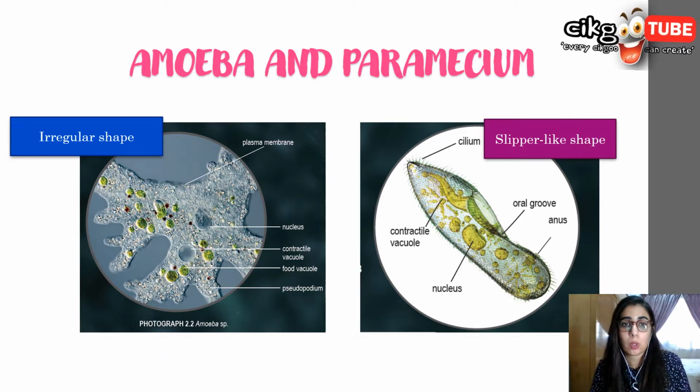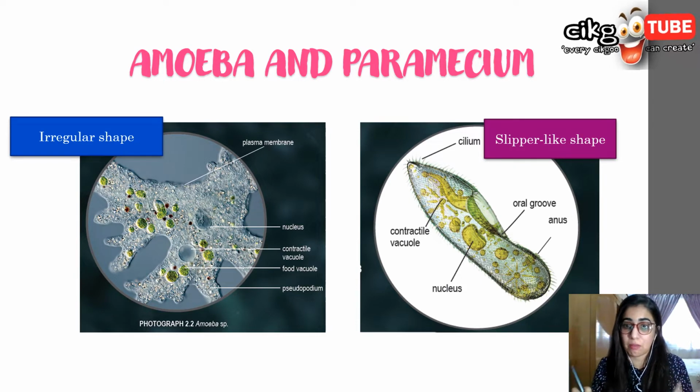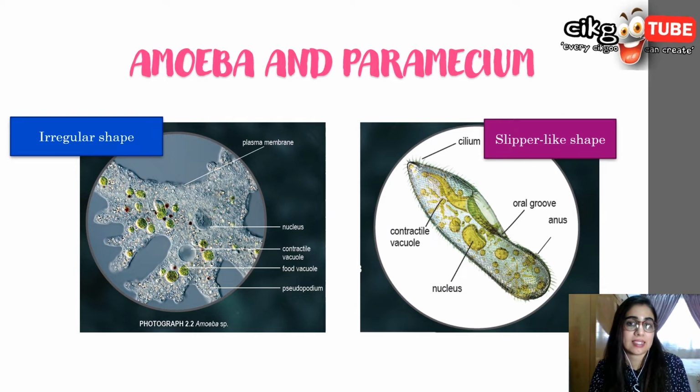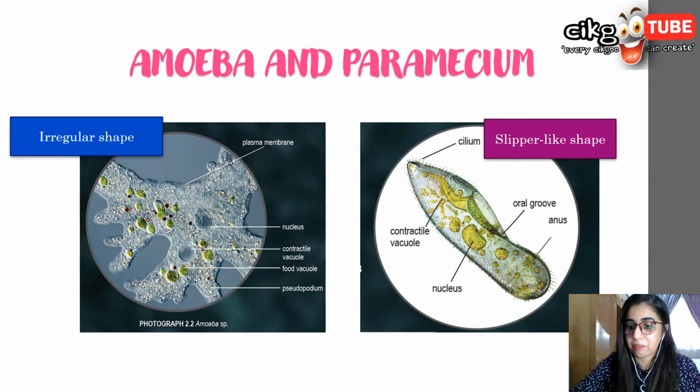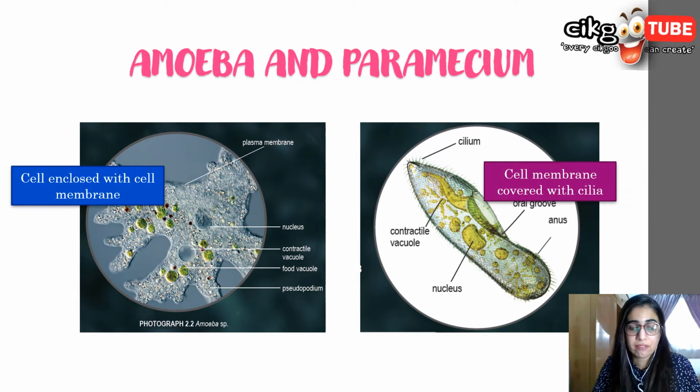Now, both amoeba and paramecium have a shape, but amoeba has an irregular shape, so it keeps changing all the time because they are moving. But paramecium, because they have cilia, which we will see later, looks like a slipper. Slipper-shaped, so that's all it is. Then we have the plasma membrane.